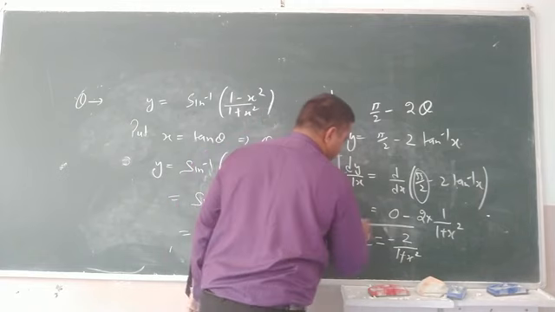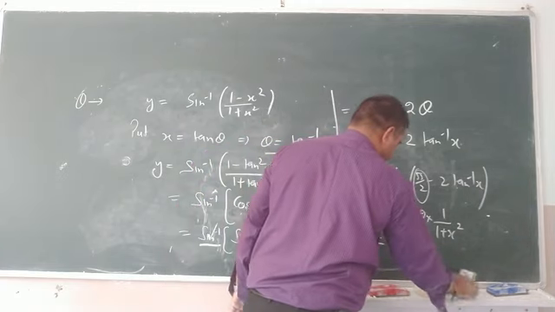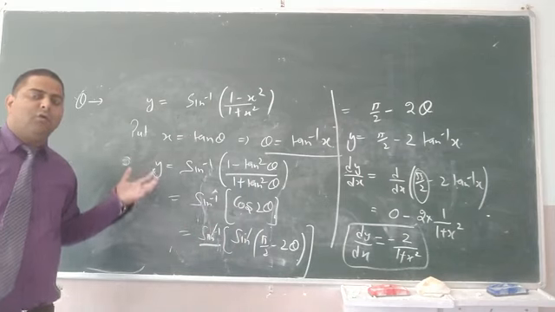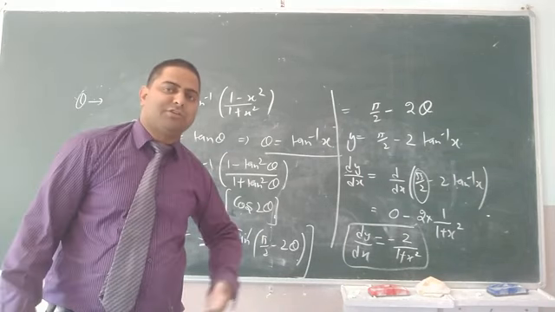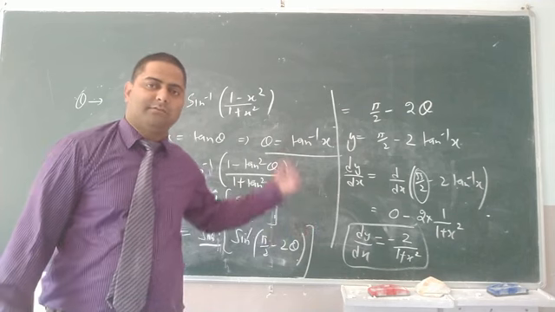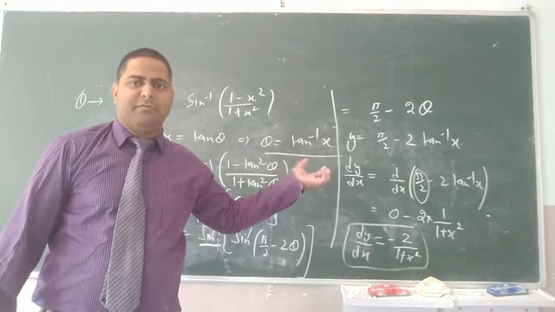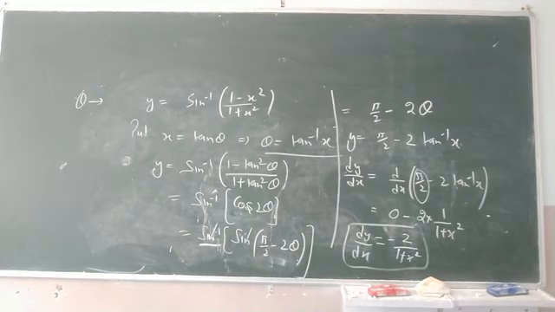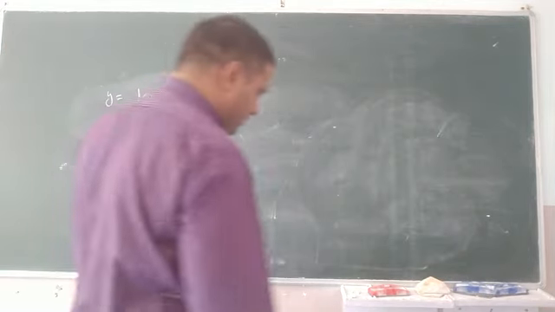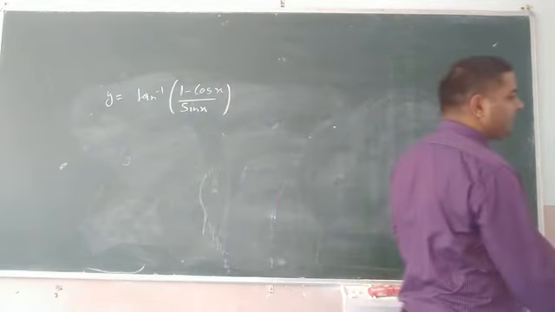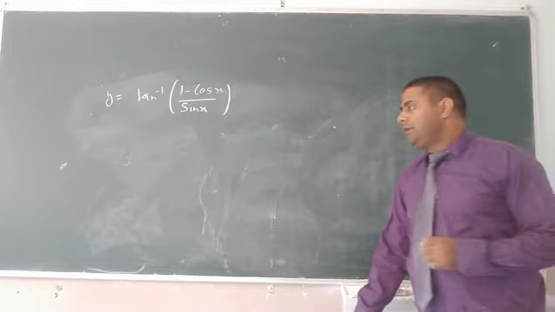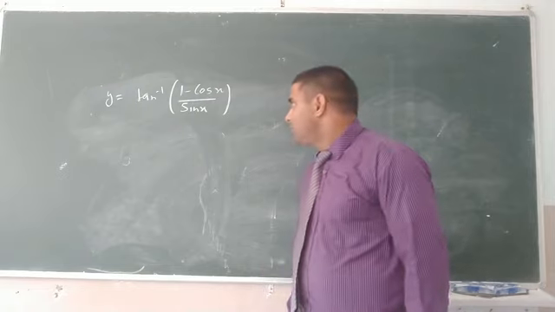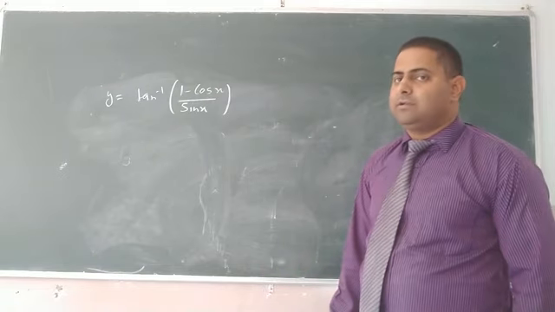This is dy upon dx. So you can see the only thing you need to learn is the substitution, and the rest proceeds in a similar way and you get the answer. You can see another question written on the board: y equals tan inverse of 1 minus cos x divided by sin x.